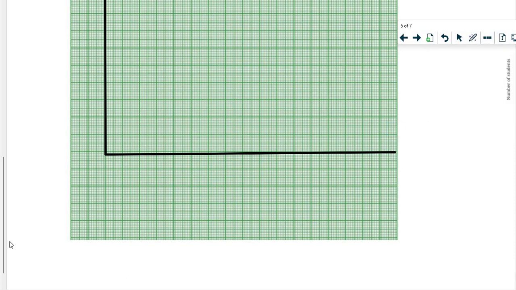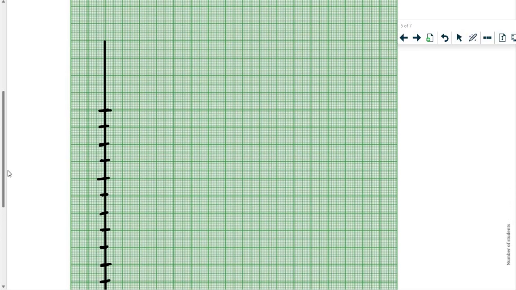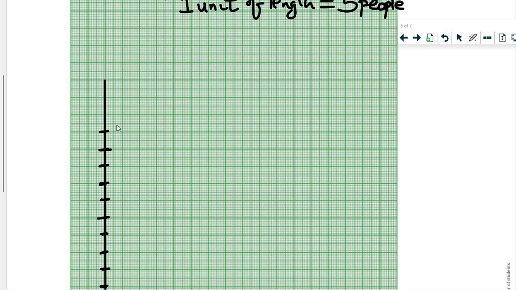Now let us start. We already know the scale: from here, that is 0, from this box to this box, that is 5, 10, 15, 20, 25, 30, 35, 40, 45, 50, 55, 60, 65, 70, 75, 80.